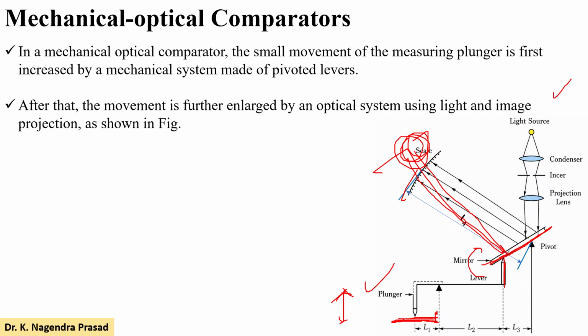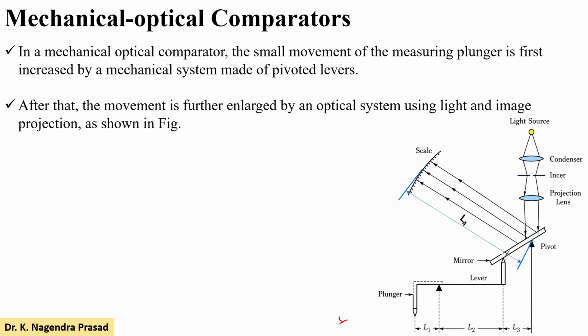In a mechanical optical comparator, a small movement of the measuring plunger is first increased by a mechanical system which is made of pivoted levers. After that, the movement is further enlarged by an optical system using light and image projection, which is represented in the figure.